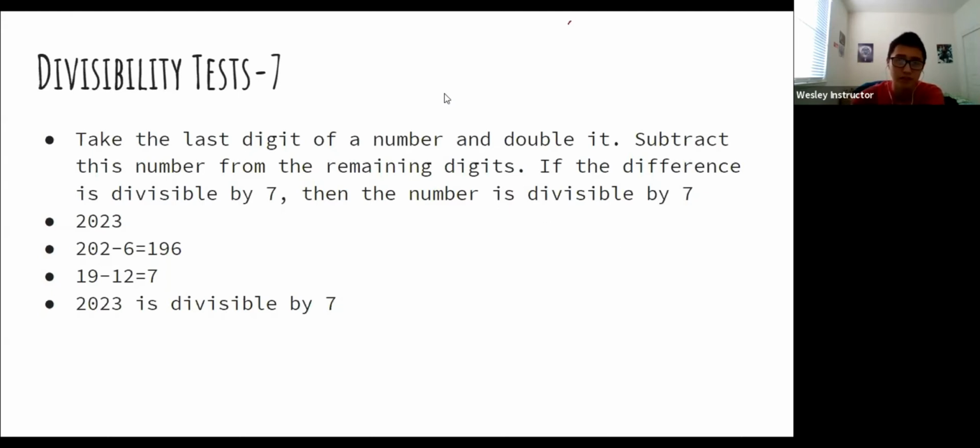And this proof is very similar to the proof I showed you guys for 9 and 3. We would split up the number like 2 times 1,000, 2 times 20, and we can prove that way that this divisibility test works.